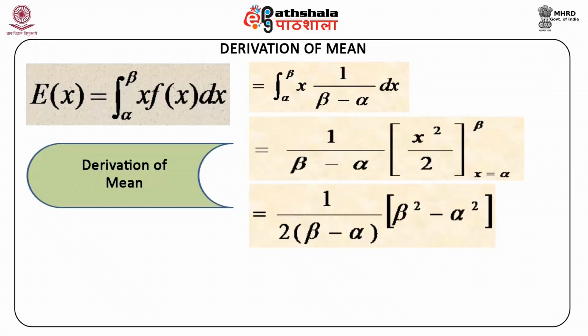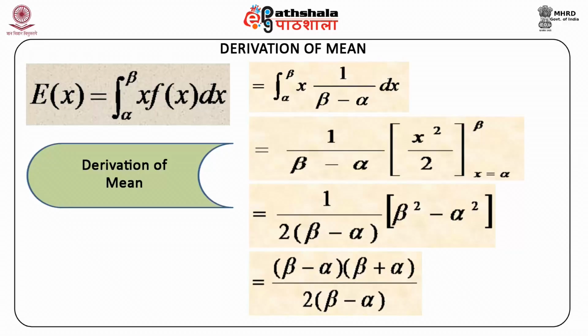This is equal to 1 upon 2 into beta minus alpha multiplied by beta square minus alpha square, which is equal to beta minus alpha into beta plus alpha upon 2 into beta minus alpha, equal to alpha plus beta upon 2.